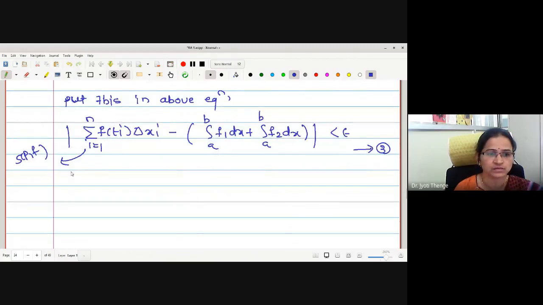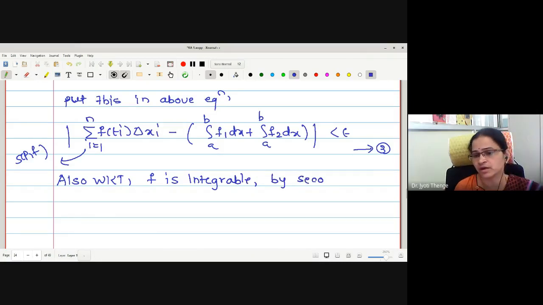Therefore, by the second definition of integrability.